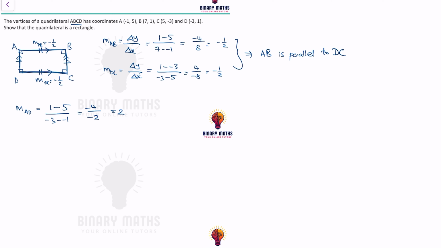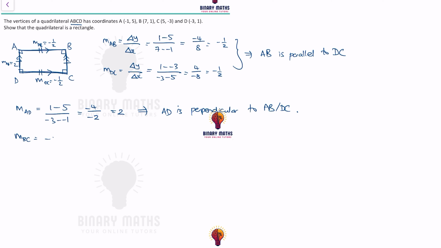So we've just worked out gradient of AD is equal to 2, which implies that AD is perpendicular to AB and DC.